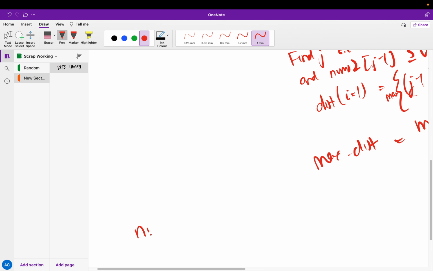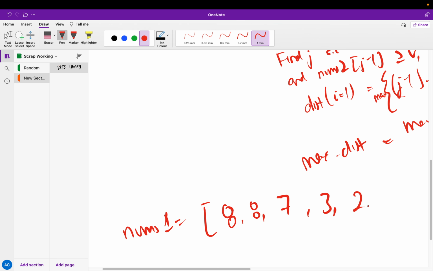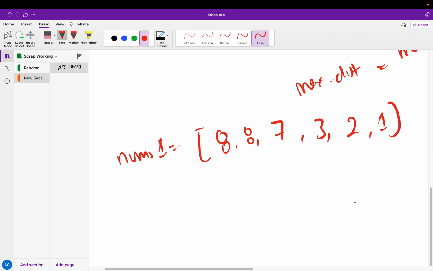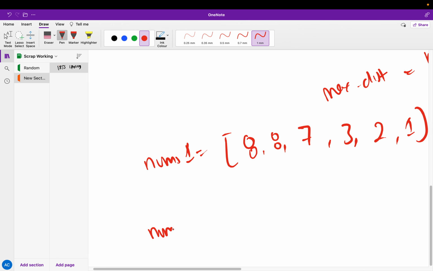All right, let's make nums1 equal to, so non-decreasing means, 8, and then another 8, 7, 3, 2, 1. And then let's make nums2 equal to, so let's make like one value too small, 7, and then another 7.